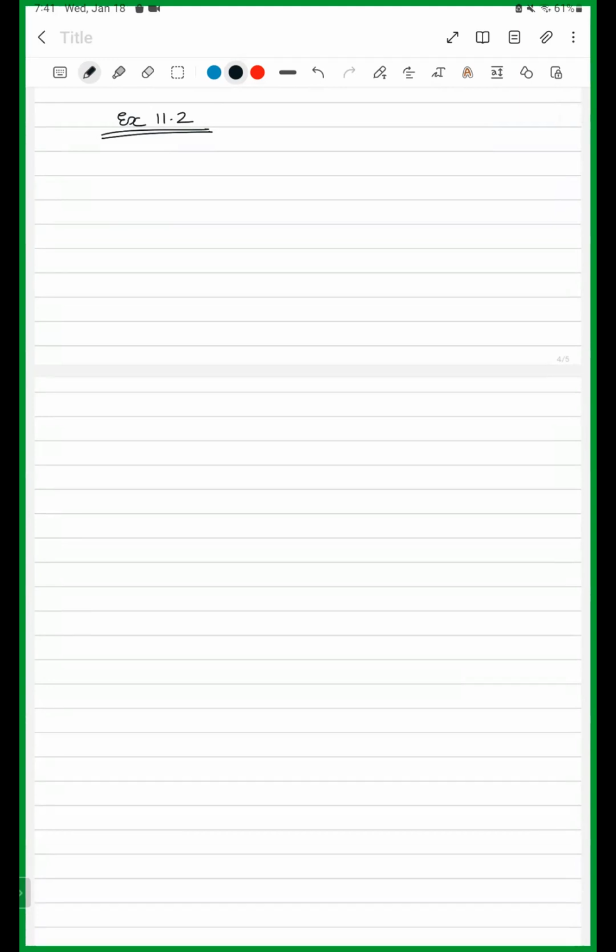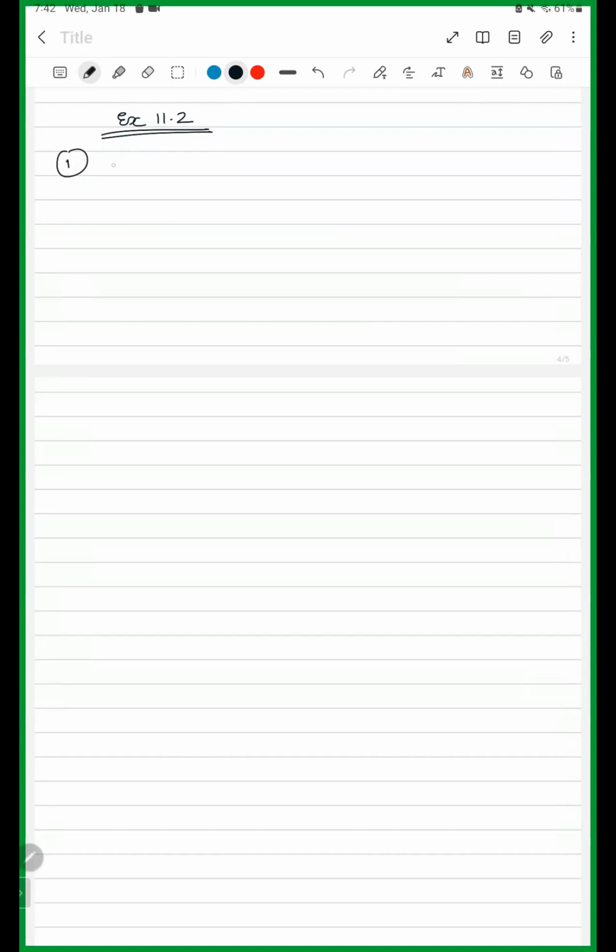ठीक है, can you read the first question? Find the area of each of the following parallelograms. हाँ, तो फर्स्ट वाले का आप बता सकते हैं क्या होगा? Area of parallelogram, the short form is we will draw two parallel lines and then GM.